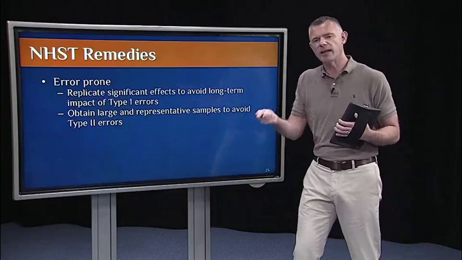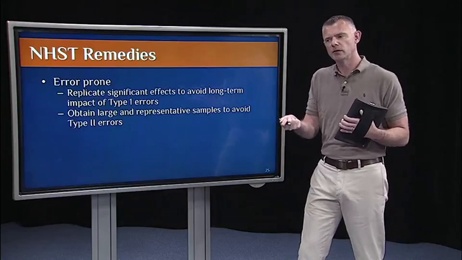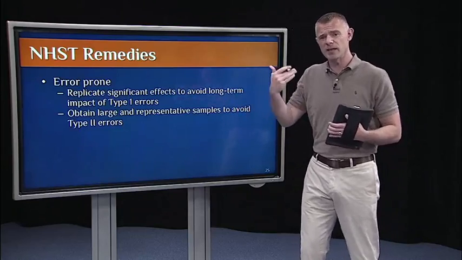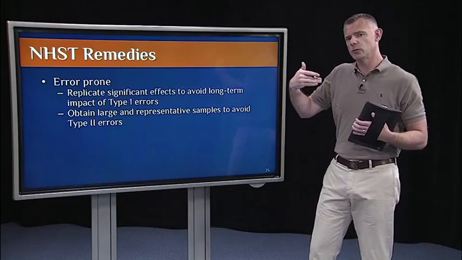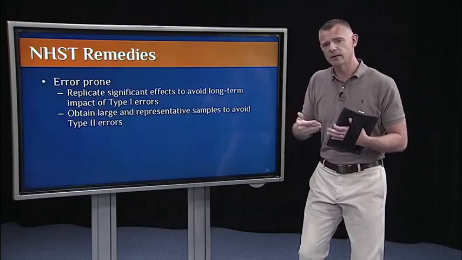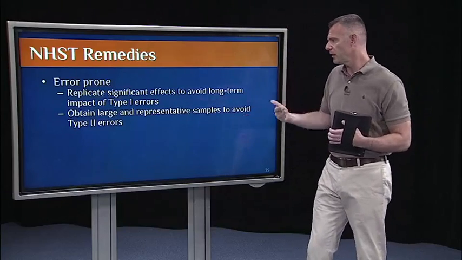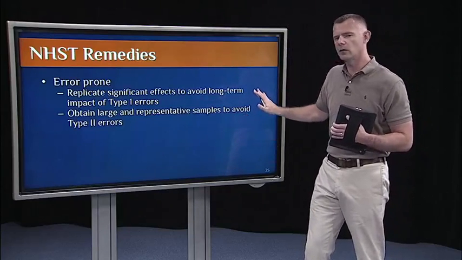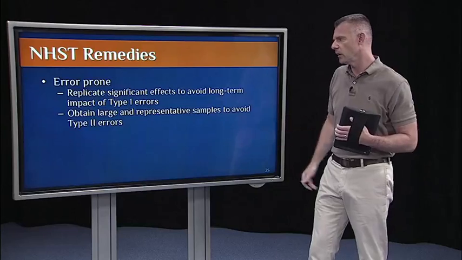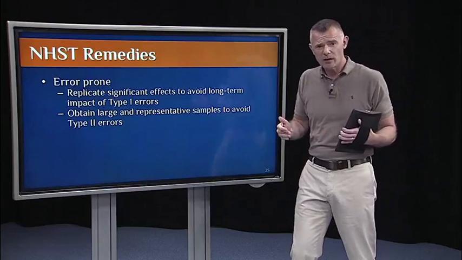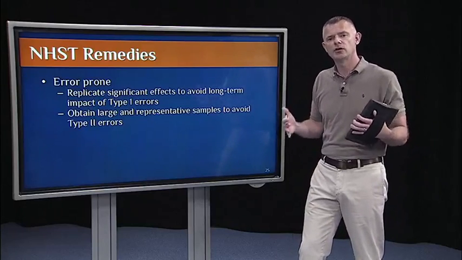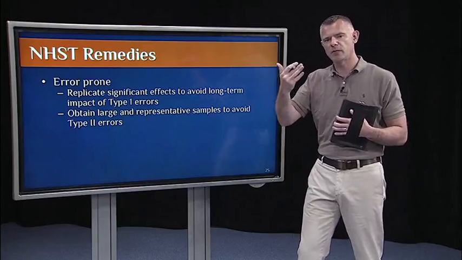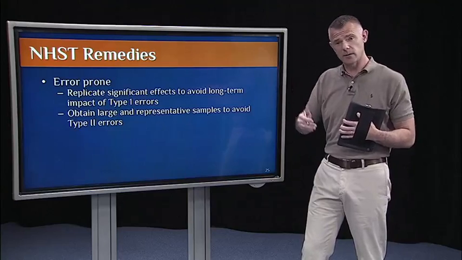So we need to replicate that effect over and over again so that the entire literature and society at large doesn't start to believe that that's a real result. So significant effects need to be replicated to avoid long-term impact of type 1 errors. To avoid type 2 errors, simply obtain large, random representative samples. That'll give you a shot at obtaining an effect if it exists in the population.